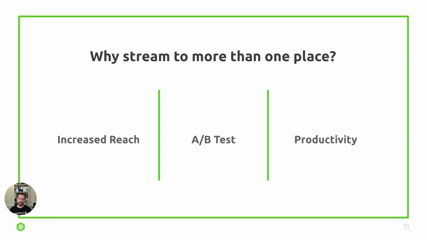Now you can multi-stream and have your content on all three. You can have one platform do the distribution, the title, the description, and the publishing all within one easy go-live button. So one of the biggest reasons to leverage a multi-streaming approach is increased reach, being able to test the markets, and productivity.